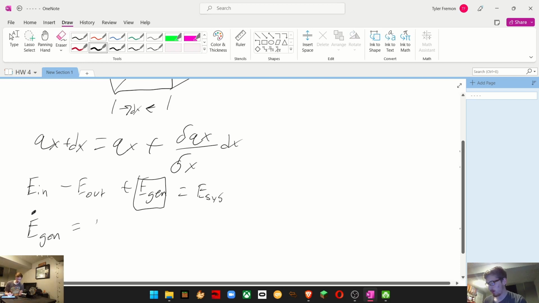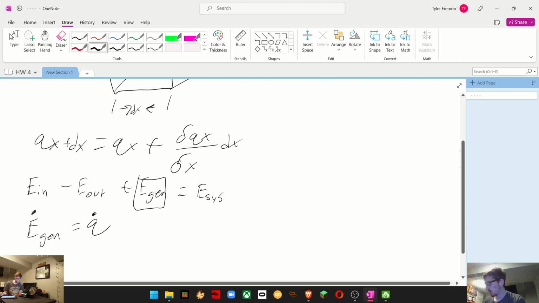So in this case, our Q dot, or our heat generation per unit time and unit volume, looks something like this: joules per second meter cubed, times our differential volume, or the total volume of our cube, is going to be equal to the total energy generated for a given amount of time.